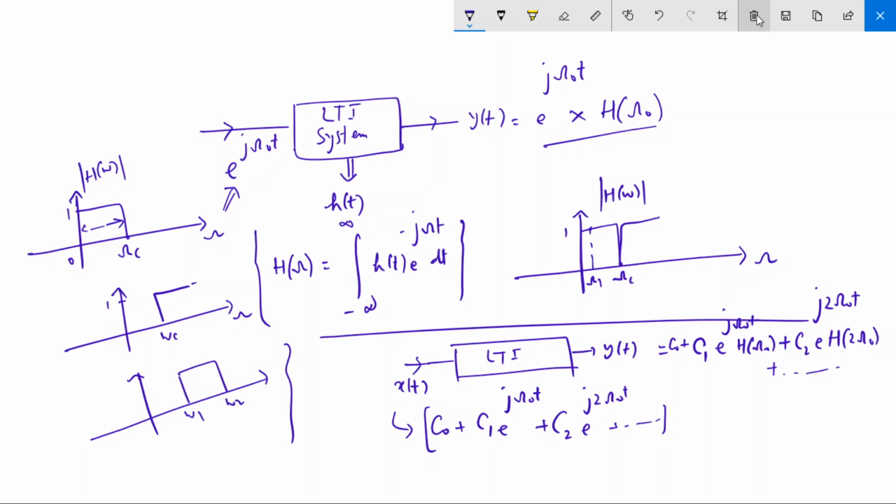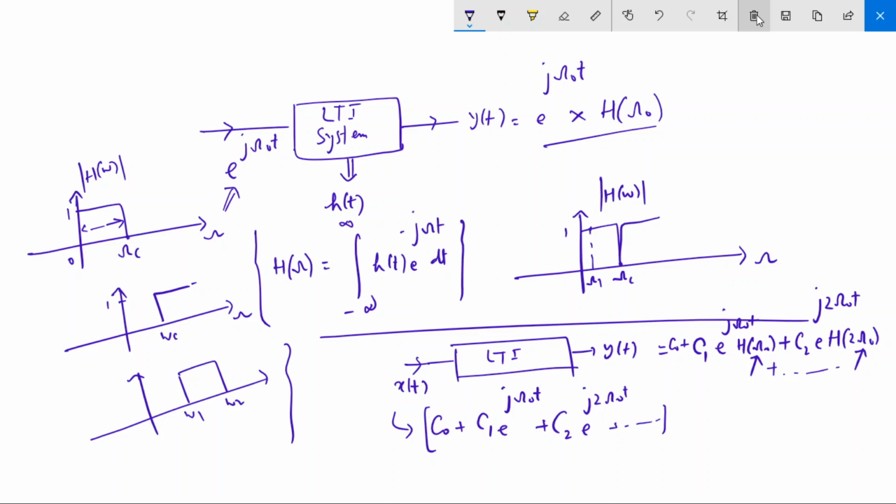using the linearity property. So this gives you an insight into how the frequencies are processed by the system. Because in time, when you find the convolution, you cannot see which frequency is passed or which frequency is stopped. The frequency at which the frequency response is 0 will be stopped. The frequency at which the frequency response is unity will be passed. So if you have to design a system as a filter, you have to design its frequency response.